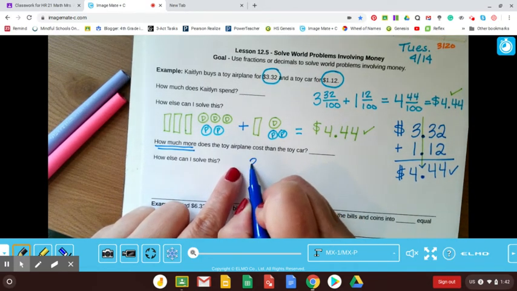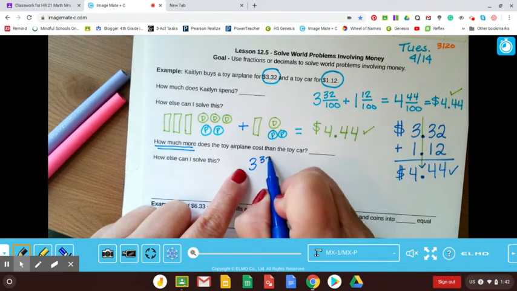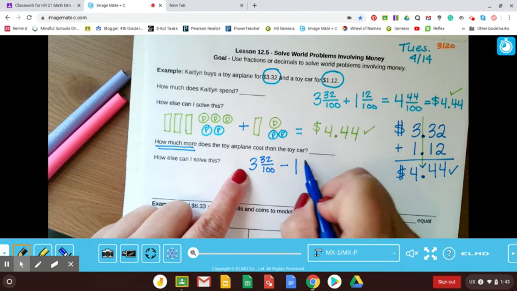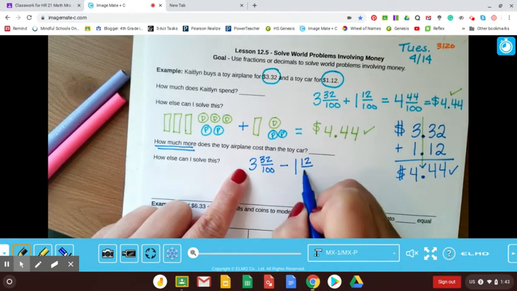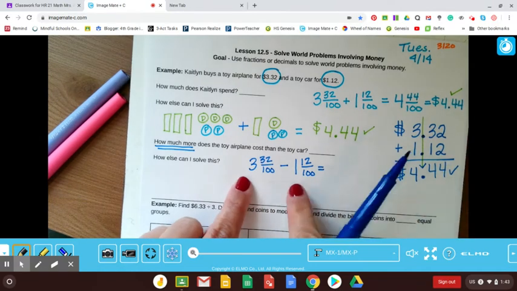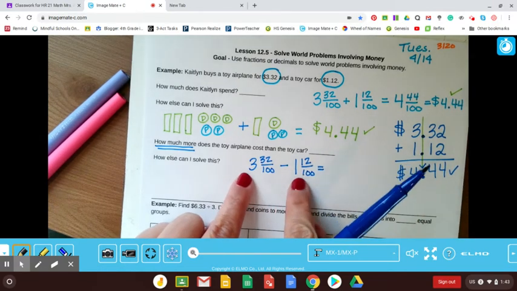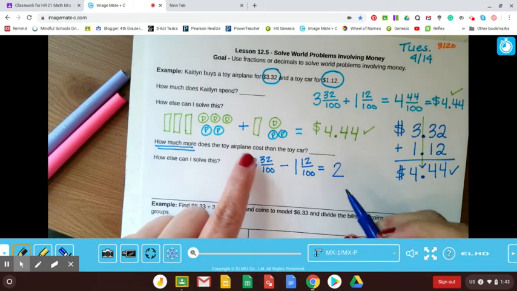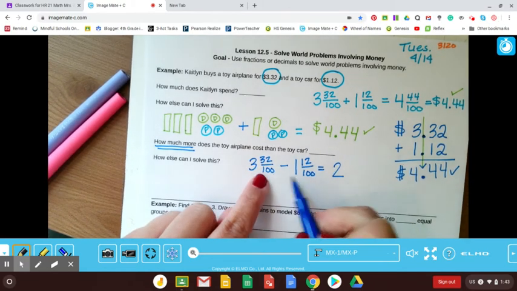So I am going to say 3 and 32 hundredths minus 1 and 12 hundredths. And what's nice is that this really works out pretty nicely. I can do 3 minus 1. That would give me a whole number 2. And it works out here because I have that common denominator.